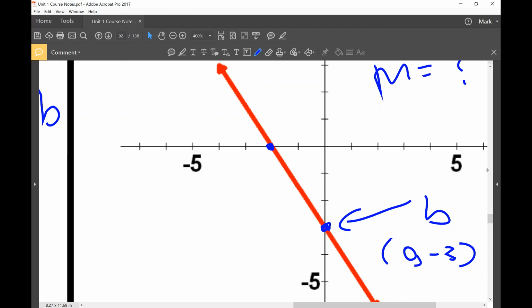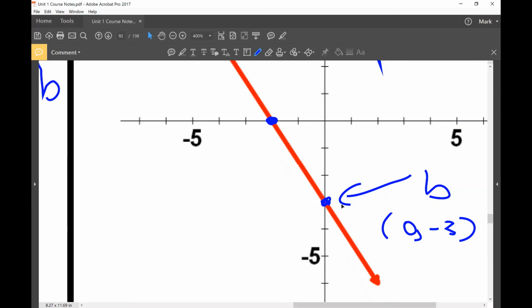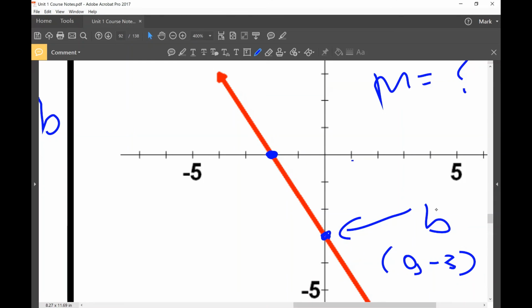The easiest point is this one. You could pick another point, but I want to pick a point that I know is correct. It's going to this point here, which is (-2, 0).